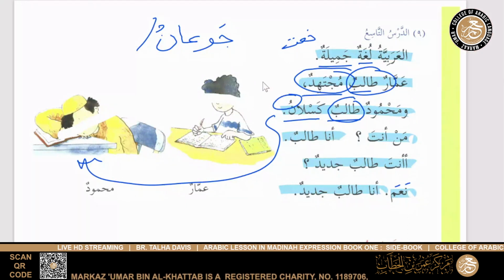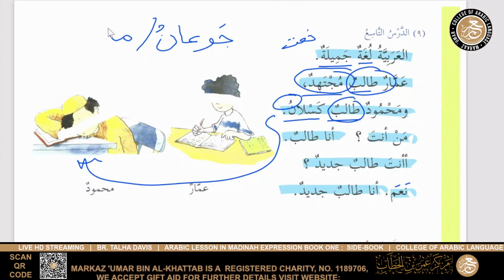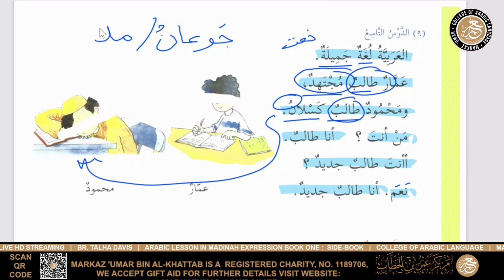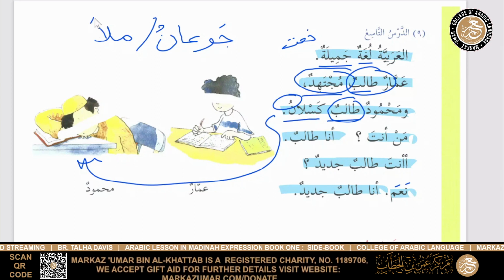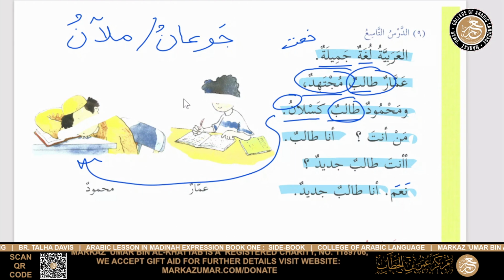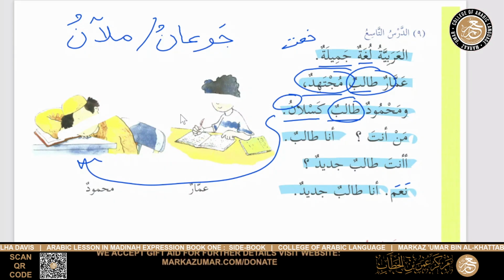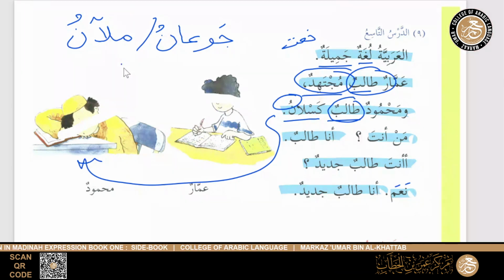So we have kaslanu, and we have jawanu, then we have mal'anu, and then we have, for example, the word shab'anu.